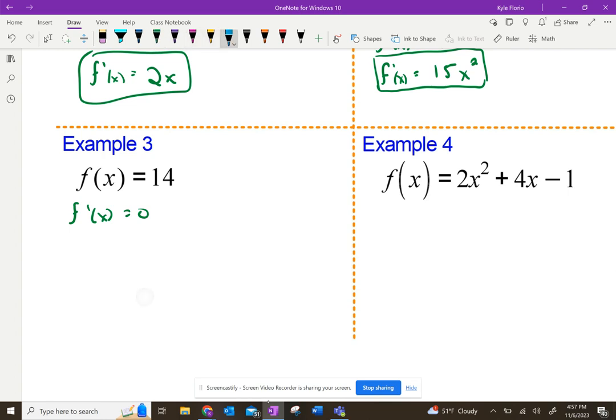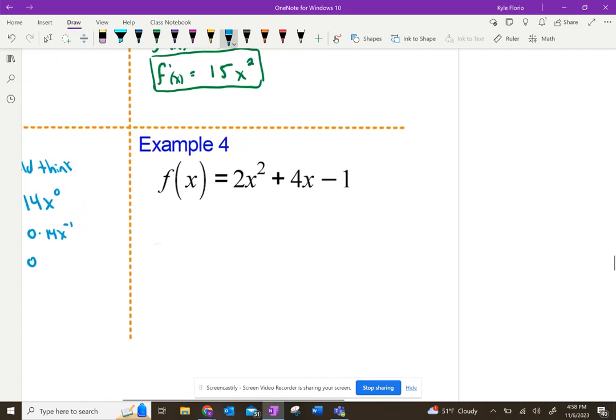You could think of it as 14x to the 0, because x to the 0 is 1, and 1 times 14 is 14, and then the derivative would be 0 times 14x to the 0 minus 1, which is x to the negative 1, but 0 times anything is still going to give you 0. So you get 0 either way, but it's better to just memorize that anytime you have a constant function, the derivative is 0.